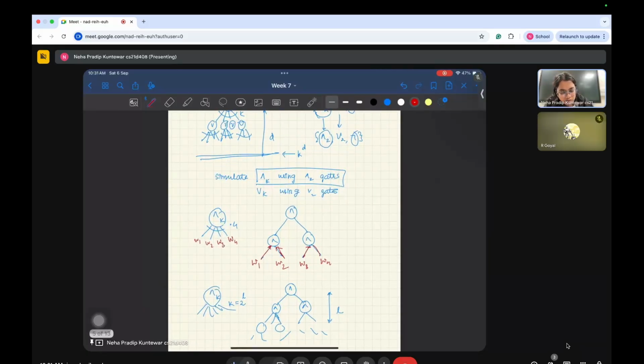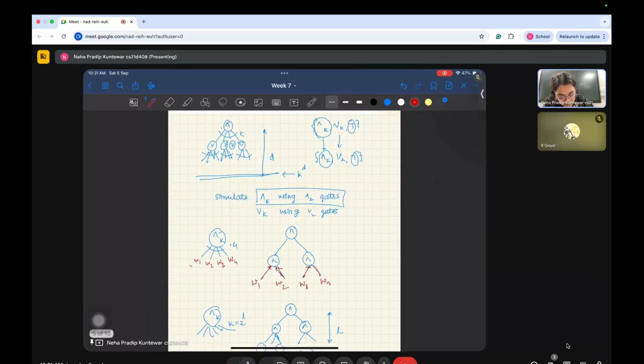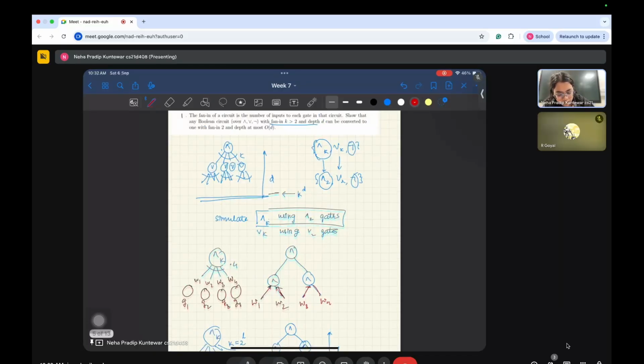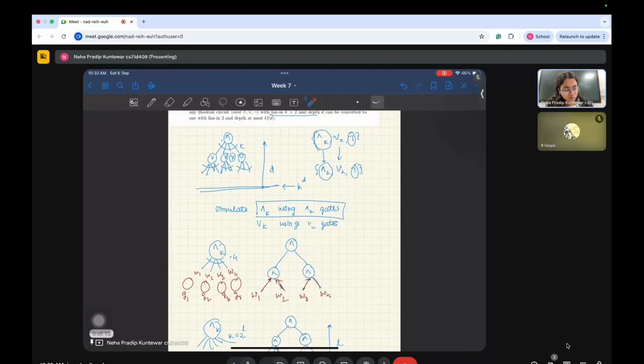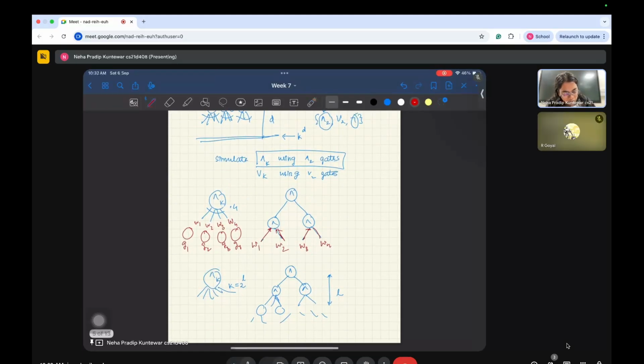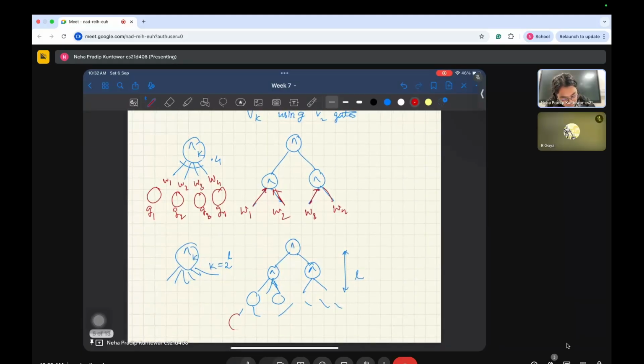Now let's say G1, G2, G3, G4 are the gates that take the wires w1 to w4 as output.